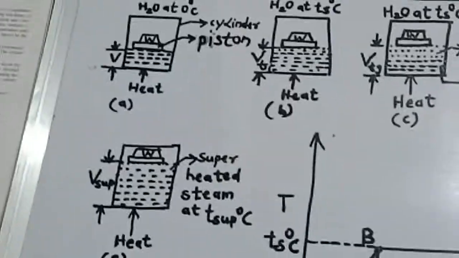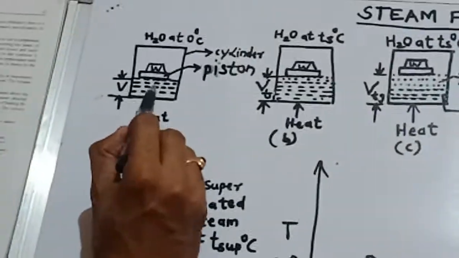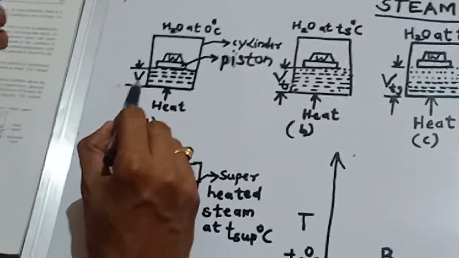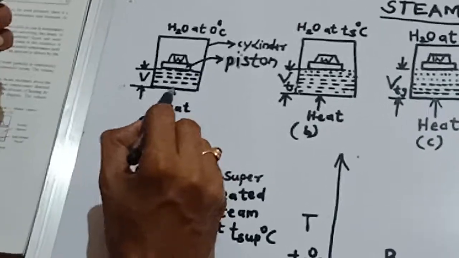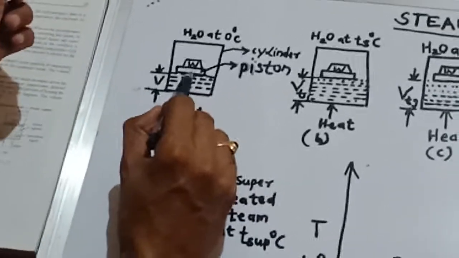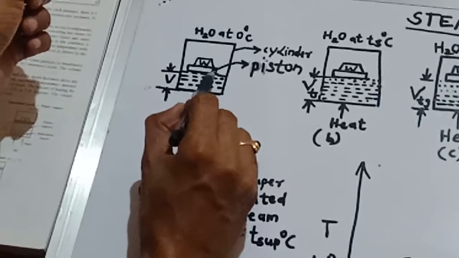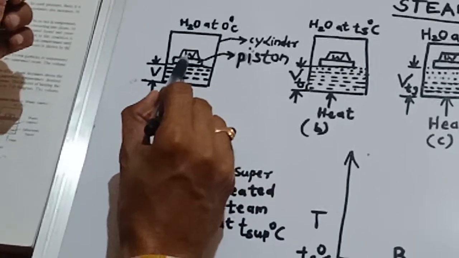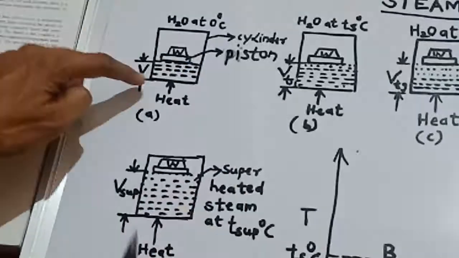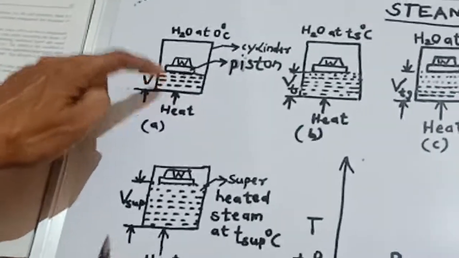This is the water, its volume is capital V. The heat is given to the water taken in a container, and on the freely moving piston the weight W is placed. This is the water at 0 degrees Celsius.